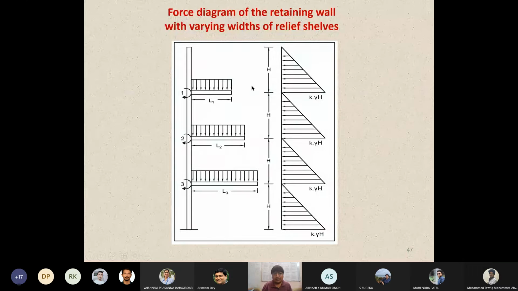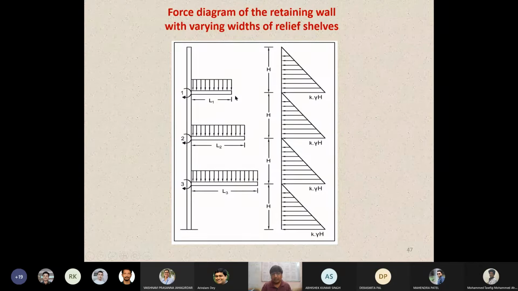This particular relief shell will take care of the soil column above it. But in the case of the lower relief shell, it will take the weight of the backfill lying over here, and the difference over here.